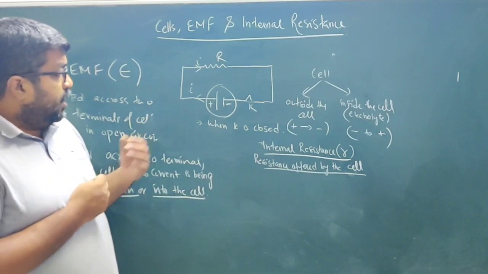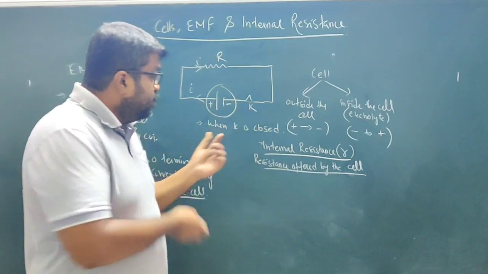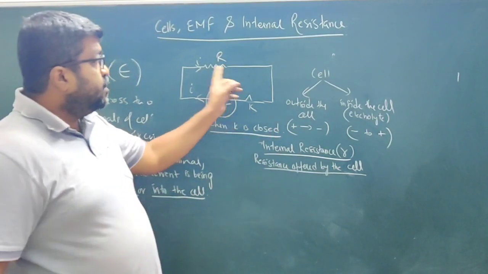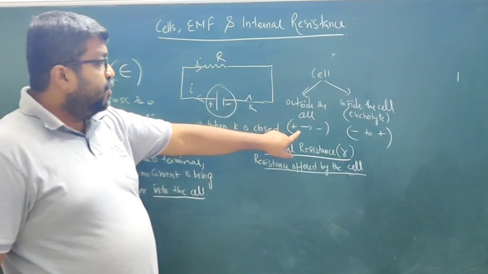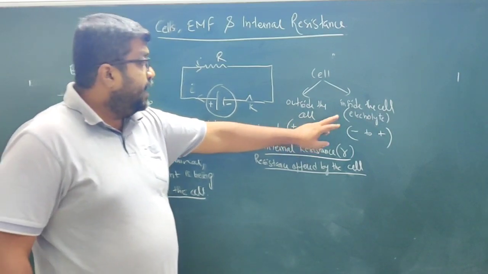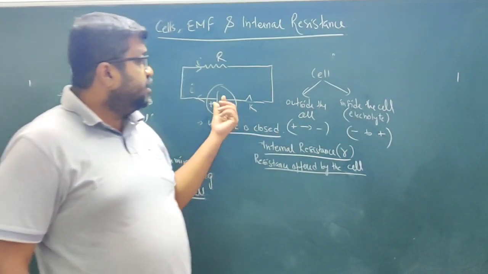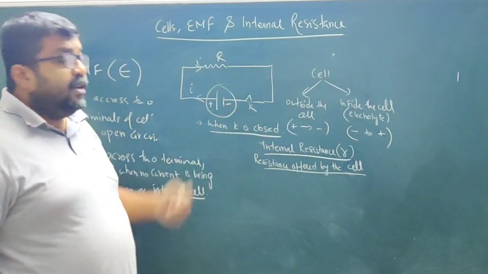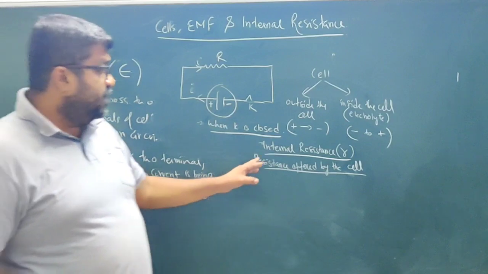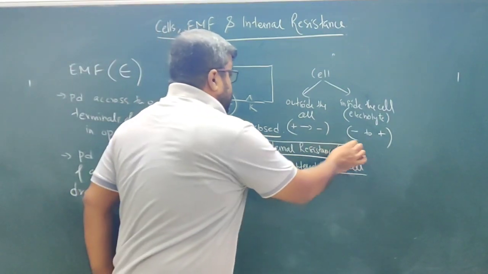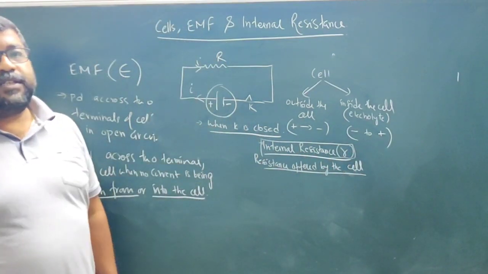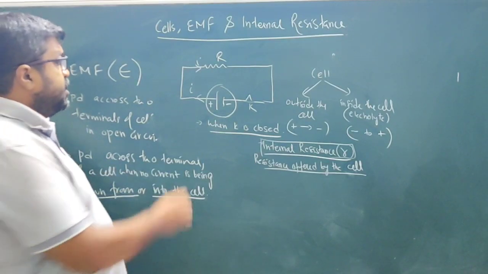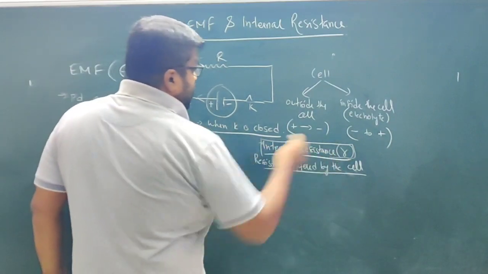But when the key is closed, the current flows in the outer circuit from high potential to low potential, and it also flows in the internal circuit from negative potential to positive potential. While flowing through the cell, through this internal resistance, there will be a potential drop. Suppose I is the current, r is the internal resistance.